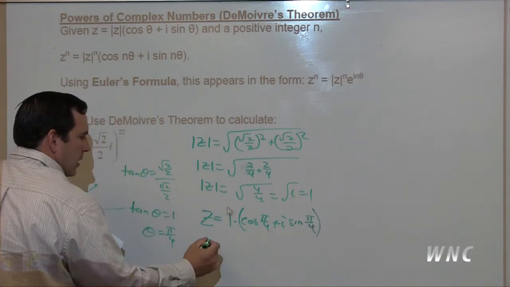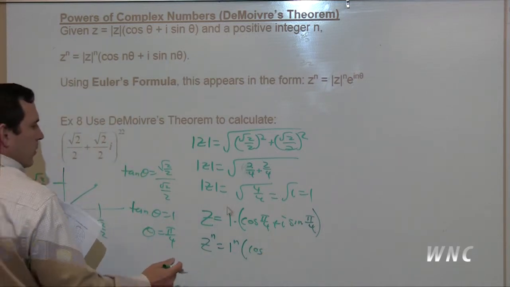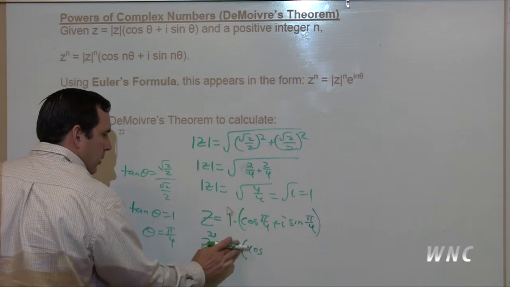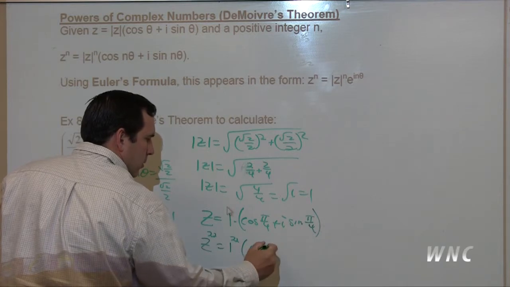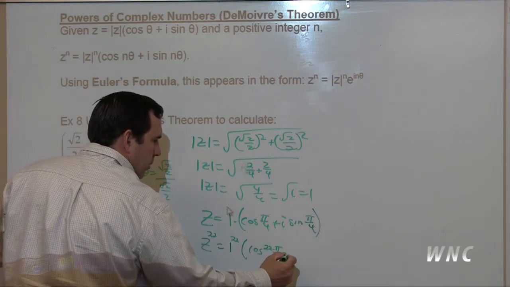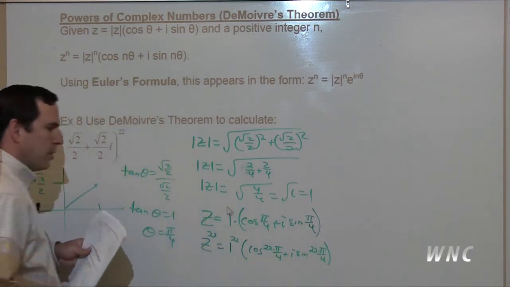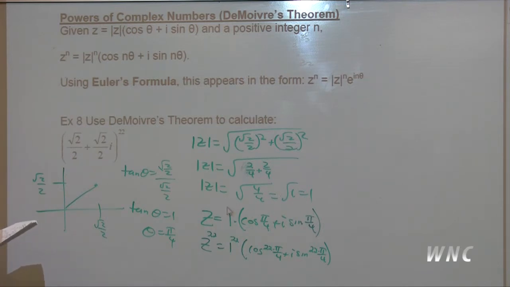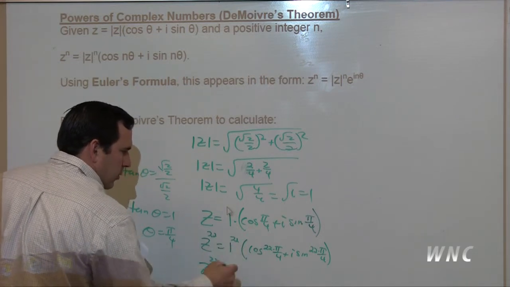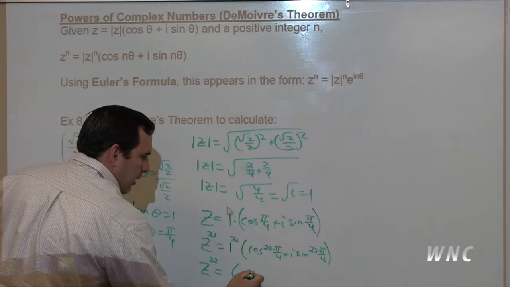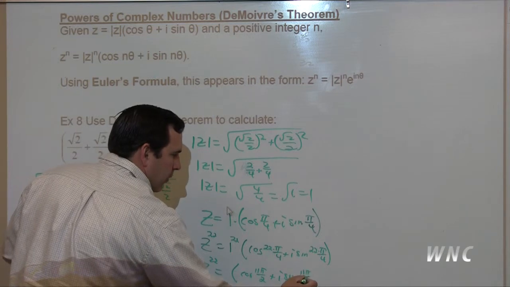So z to the n is going to be 1 to the n times cosine, and we wanted n to be 22. So z to the 22 is 1 to the 22 times cosine of 22 times pi over 4 plus i sine of 22 times pi over 4, because our n is 22. 1 to the 22 is just 1. This is cosine of 11 pi over 2 plus i sine of 11 pi over 2, if you reduce that.